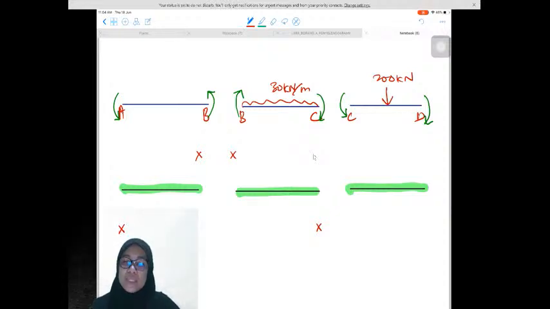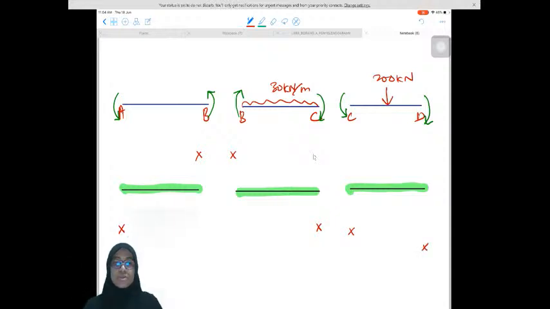It doesn't matter, we just sketch only. The most important thing is that we want to know the position, whether it is negative or positive. For C, we follow the arrow, it is below line. And D, it is below line.